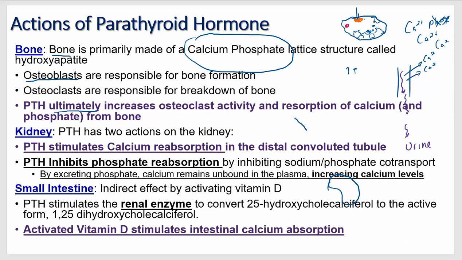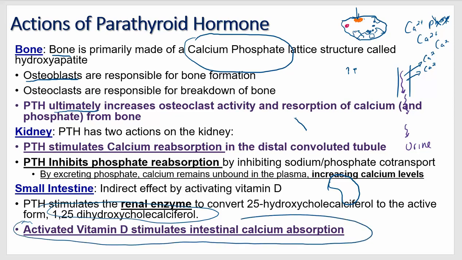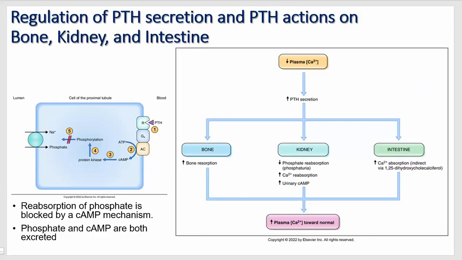I like to just say inactive vitamin D and activated vitamin D. So activated vitamin D, which is this one, the 1,25-dihydroxycholecalciferol, if you prefer that. But activated vitamin D stimulates intestinal calcium absorption. Okay? So everything is right there. Resorption from the bone, let's get it back into the blood. Let's get rid of the phosphate that's been tying it up. So now we have more free calcium, and let's just bring in more from the diet. Okay? Let's absorb all we can.